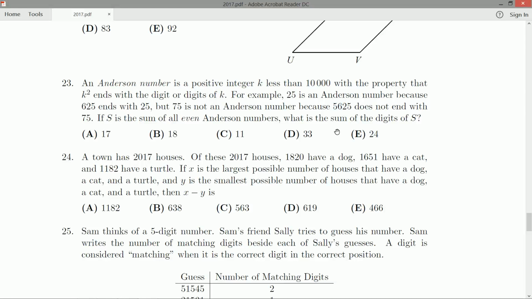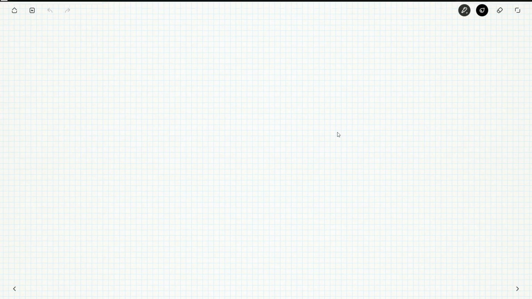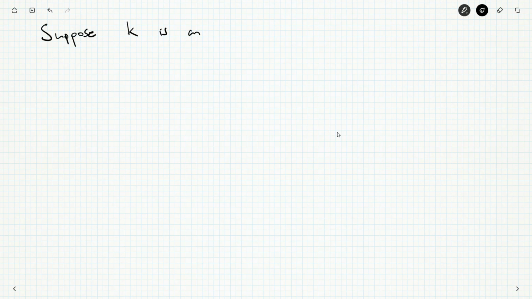So the 25 example is just really there for clarifying Anderson numbers. It doesn't actually help us with even numbers. So let's say, suppose k is an Anderson number. Well, what are we to do?